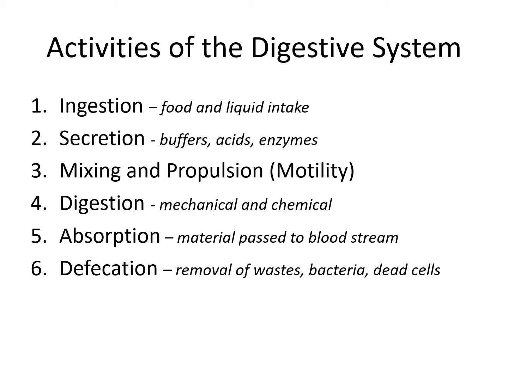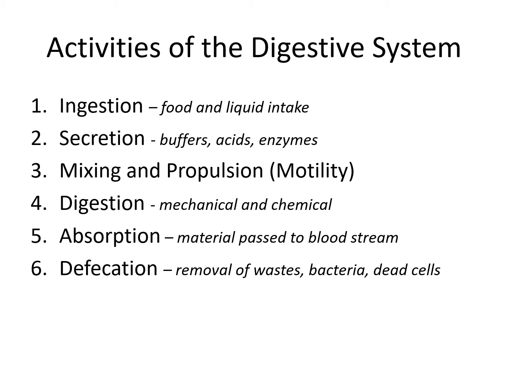Then we have actual digestion, and what I'm referring to here is breaking down food into smaller particles and breaking down large molecules into smaller molecules. So the mechanical aspect of this is physically breaking food into smaller pieces, and that's what happens in the mouth, for instance. You chew food, you mash it up, you break it into smaller pieces, and that provides more surface area for chemical reactions to work on.